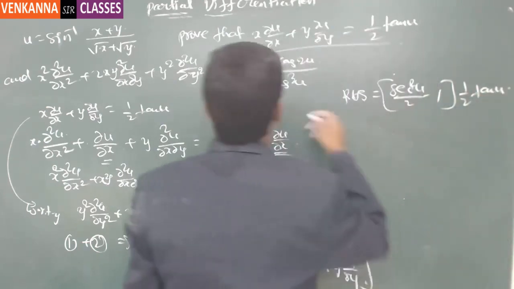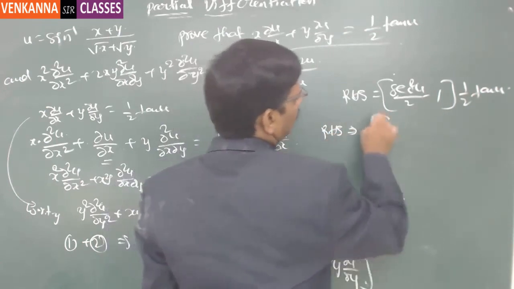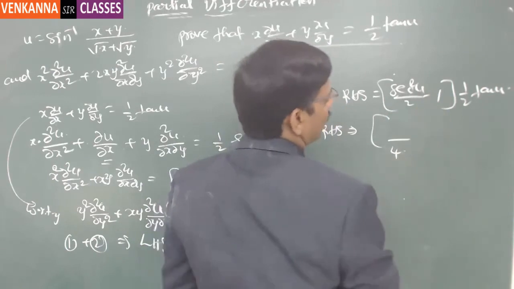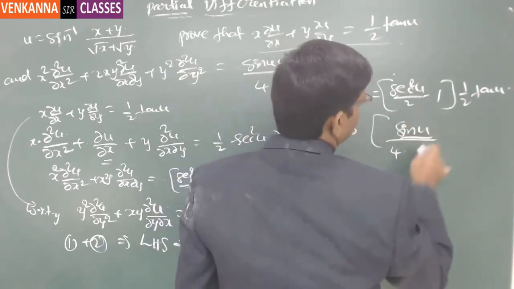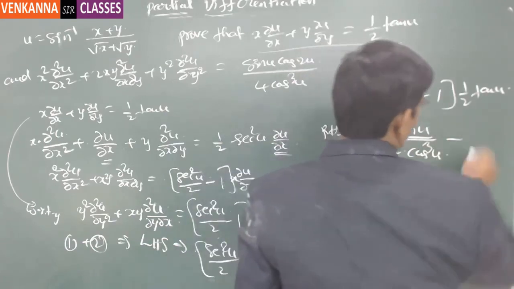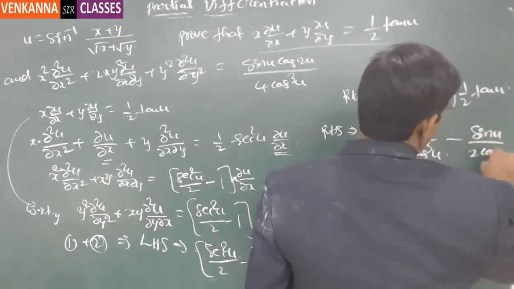So the simplified form is the answer. So RHS is equal to, if you multiply this, 1 by 4 times secant square into tan u, that is sin u divided by cos cube u, minus half sin u by cos u.